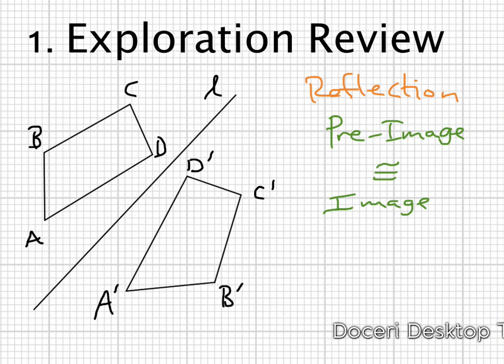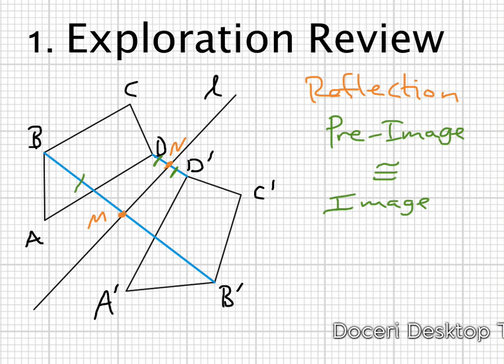The next thing that I had you do was I had you draw a line segment from B to B prime and D to D prime, and I had you think about and discuss with your neighbor the relationship between those two lines and line L. What you should have noticed is after we labeled our points of intersection here with N and M, you would have noticed that DN and D prime N are congruent, which means line L bisects that blue segment.